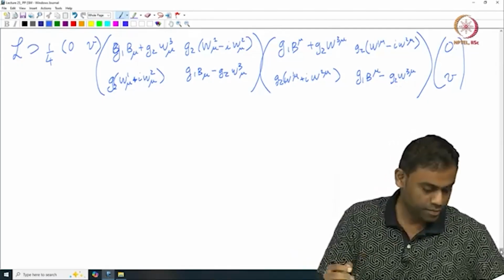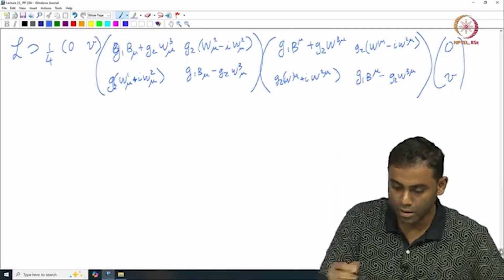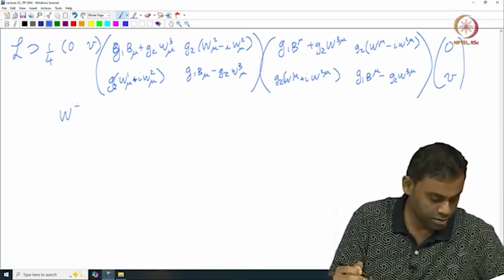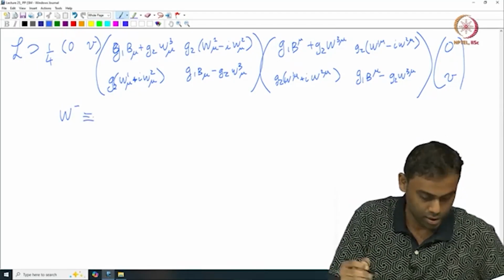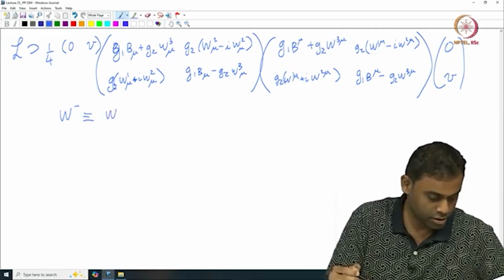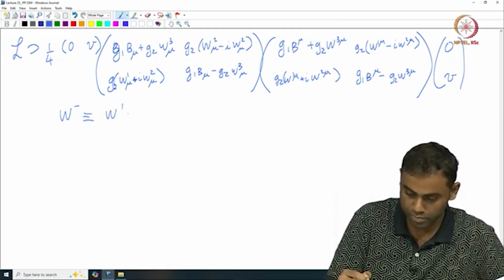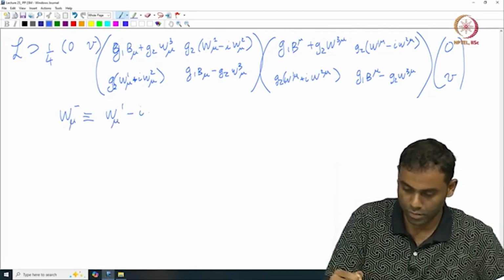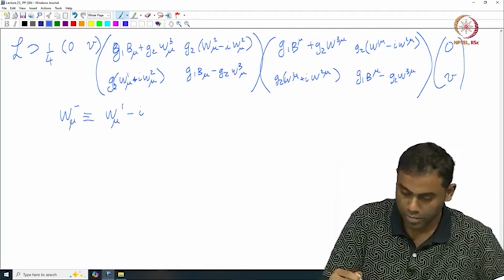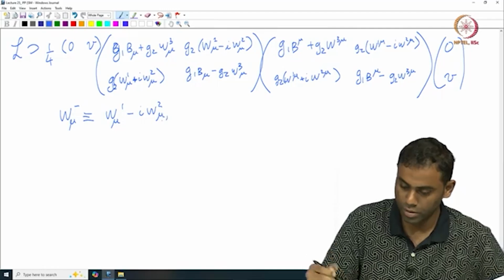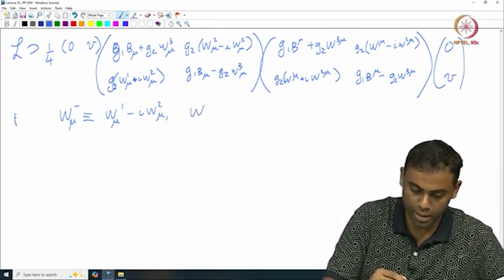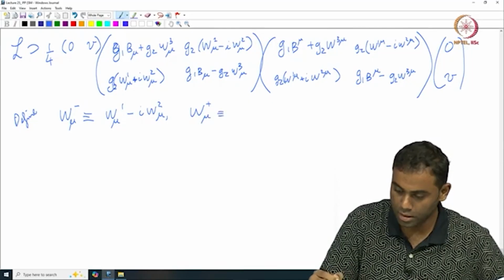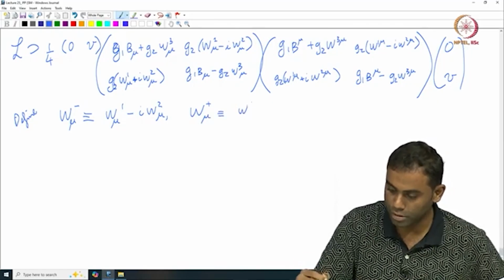Now I'm going to do something here. I'm going to define W minus as this combination of the complex fields, W1 plus I W2, and I'm going to define W plus as the orthogonal combination.